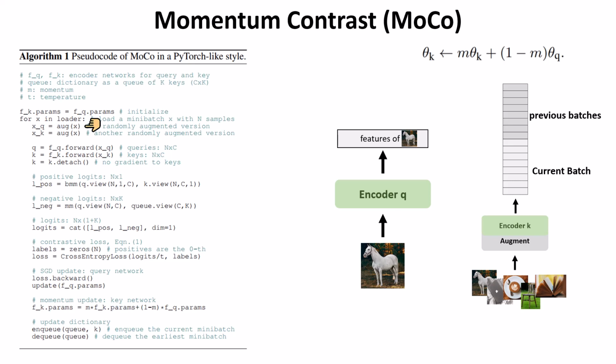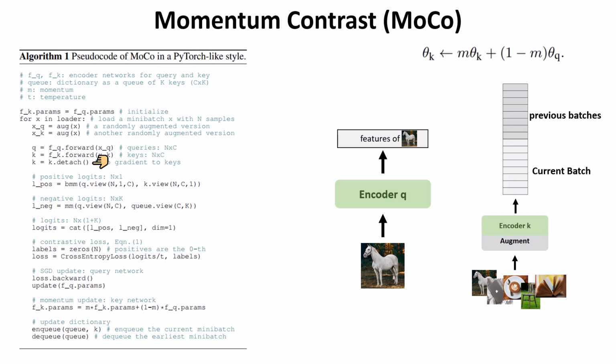One time, we augment them to have the input for the query encoder, and one additional time we do this for the encoder key. And then we forward them to the query encoder and the key encoder and have our representations stored in q and k. But we apply k.detach because we do not want to update the encoder key with gradient descent.